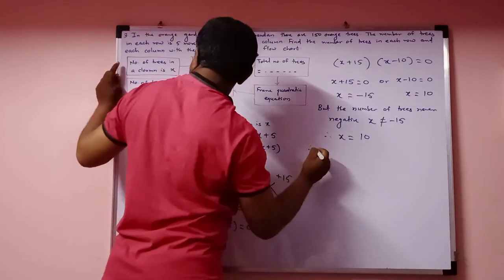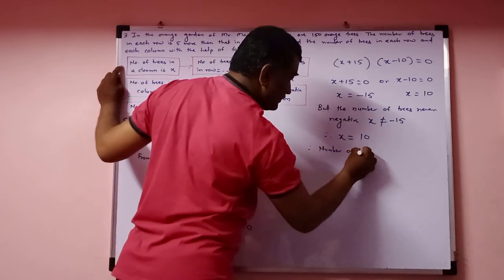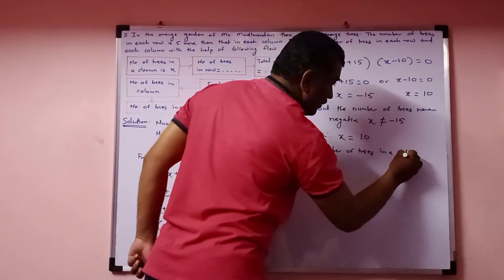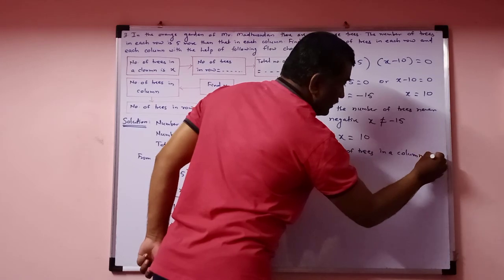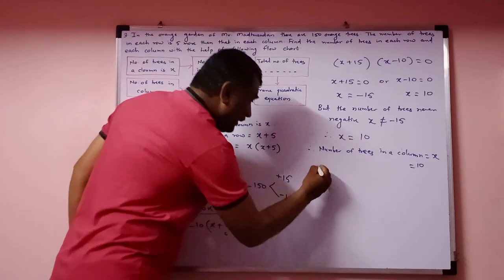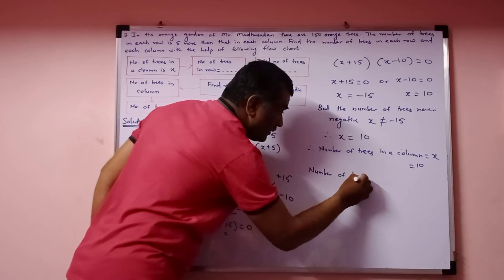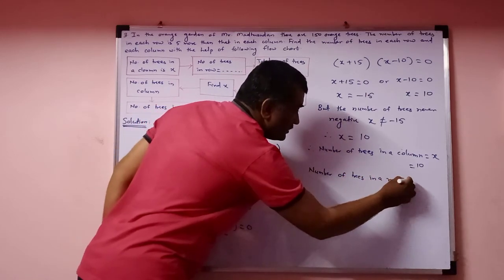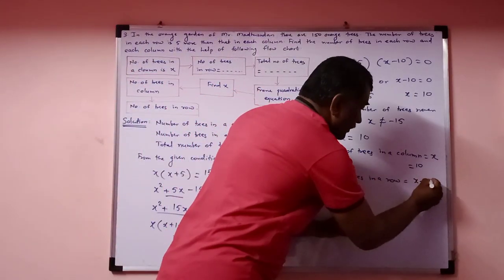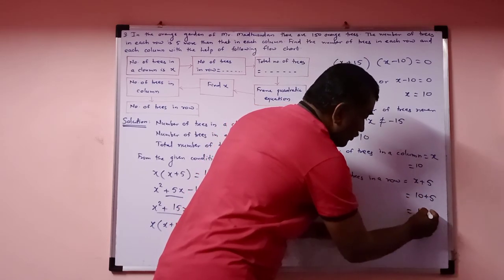Therefore number of trees in a column is equal to x is equal to 10, and number of trees in a row is equal to x plus 5 is equal to value of x 10 plus 5. 10 plus 5 is equal to 15.